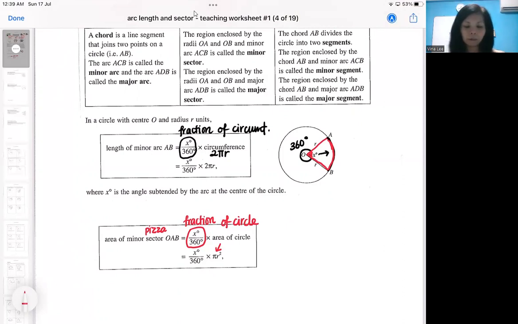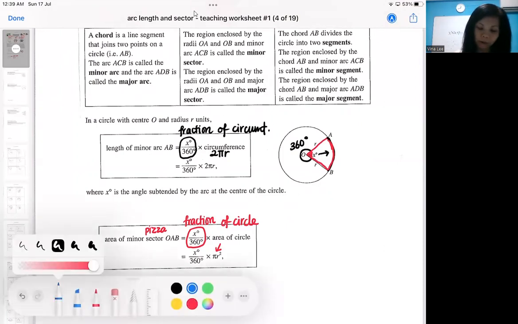In this topic, your sine rule and cosine rule can still be applicable. The sine rule and cosine rule that you learned in your trigo can still be applicable. And not just the sine rule and cosine rule, your area of triangle, half AB sine C, will also be valid.